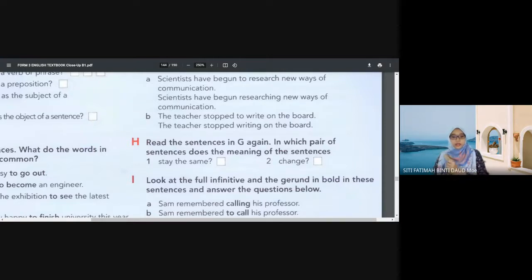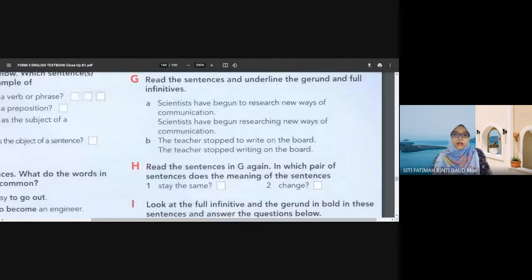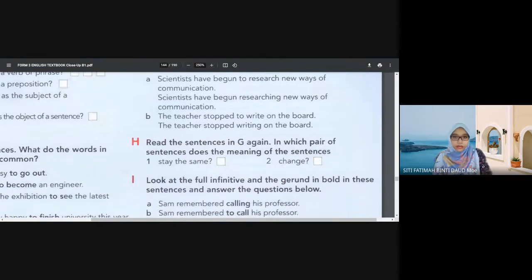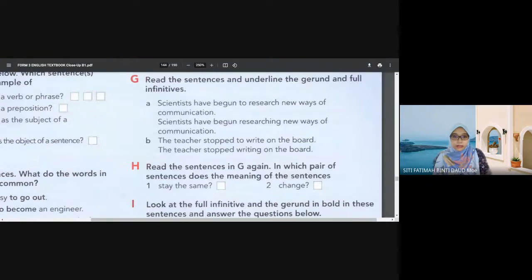So actually both of these have different meanings. Okay, they both are correct. Read the sentence and see which pair of sentences keeps the same meaning. The one that stays the same is B. The teacher stopped to write on the board, or the teacher stopped writing on the board.